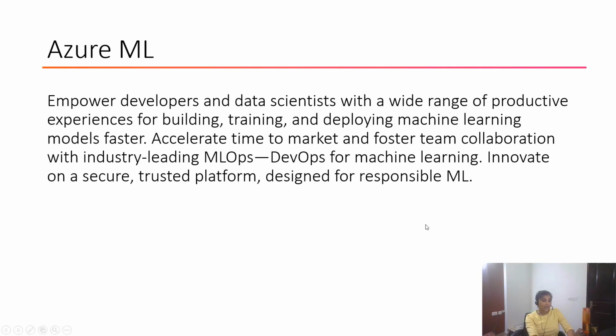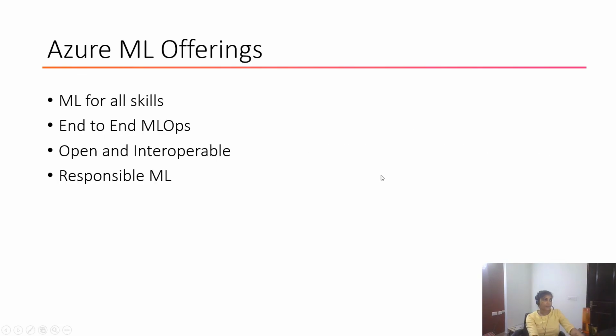Having said that, this is what I was talking about. You have ML for all skills. You have productivity for all skill levels. You can code with built-in collaborative notebooks and one-click Jupyter experience. You also have a drag and drop designer, and I have recently shown you a demo of automated machine learning for accelerated model development.